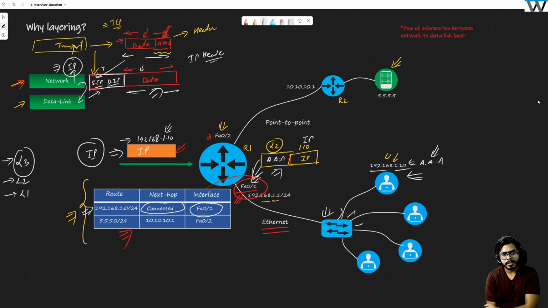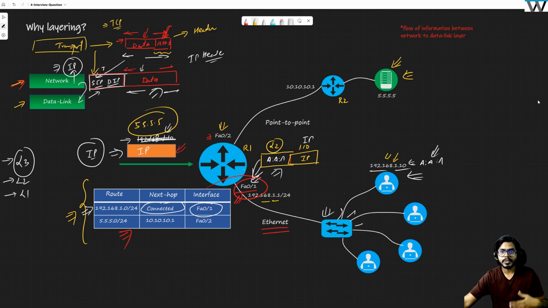But what happens if this guy does not want to go to 192.168.1.10, but wants to go to 5.5.5.5, right? And this 5.5.5.5 is your server right here, which is on the internet, right?